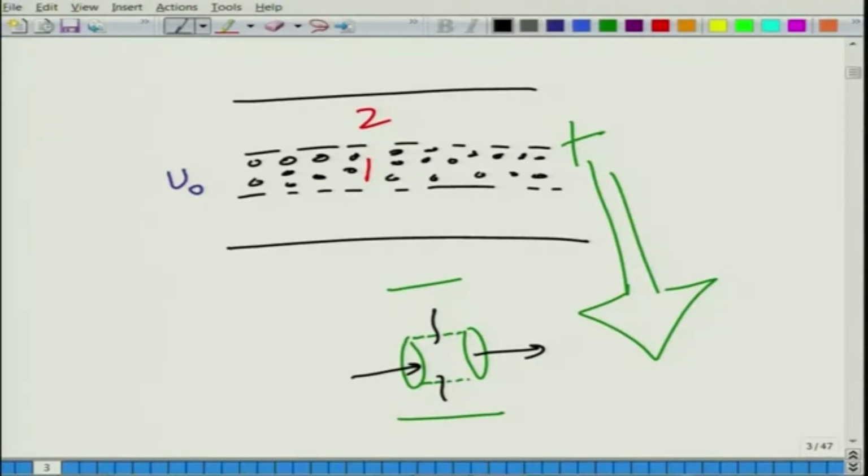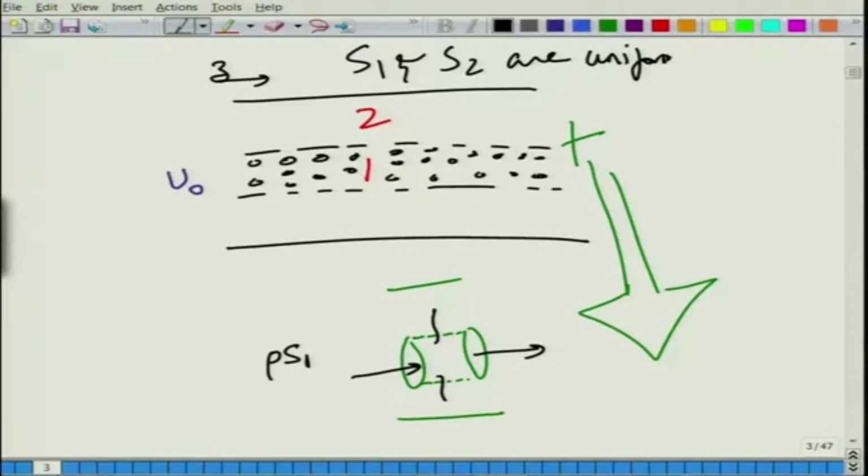Now, here I am assuming, let the density be rho, and this is your cross section area, let me call this S1. S1 is all uniform. By the way, S1 and S2 are uniform with distance Z. Okay.